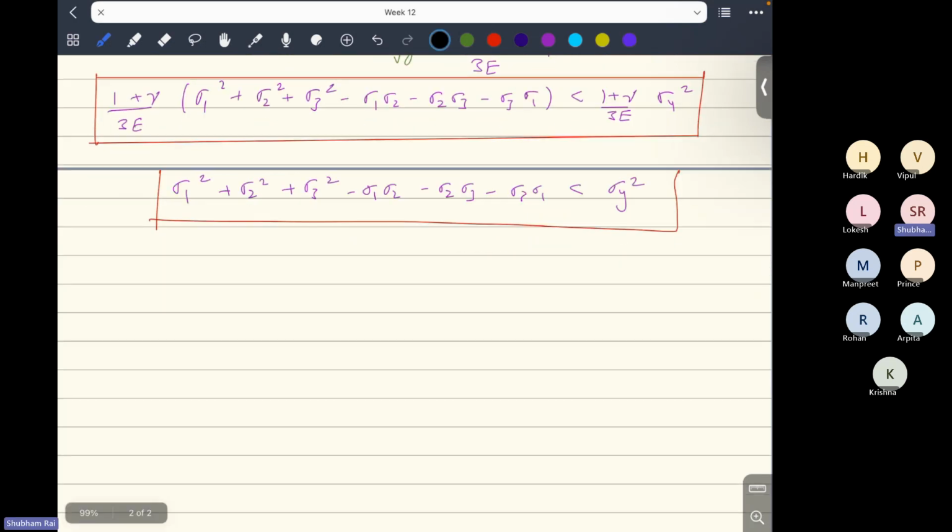And then we have, you would have read about thermoelasticity. That is the effect of temperature on the material.